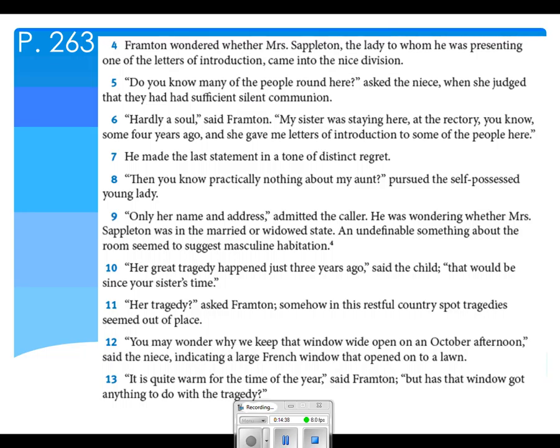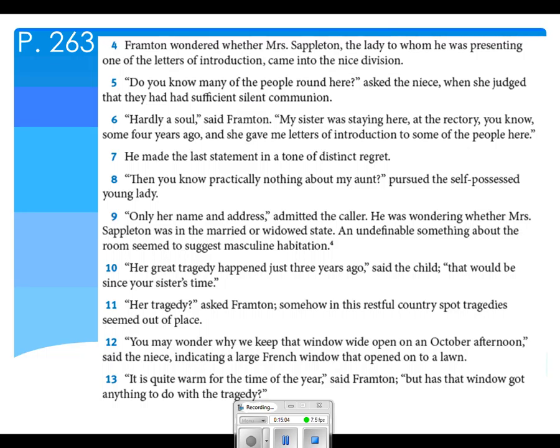My sister was staying here at the rectory, some 4 years ago, and she gave me letters of introduction to some of the people here. He made the last statement in a tone of distinct regret. Then you know practically nothing about my aunt? pursued the self-possessed young lady. Only her name and address, admitted the caller.